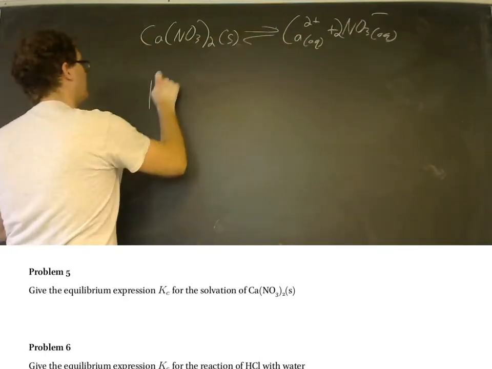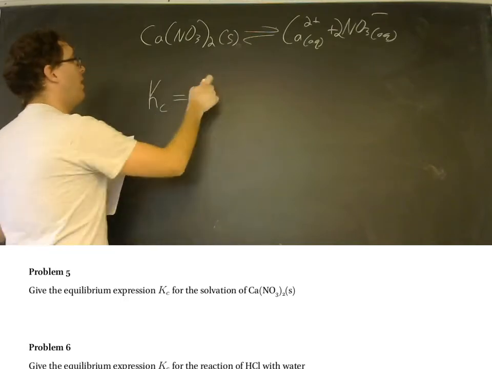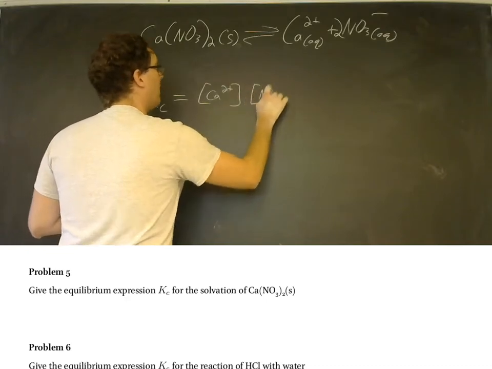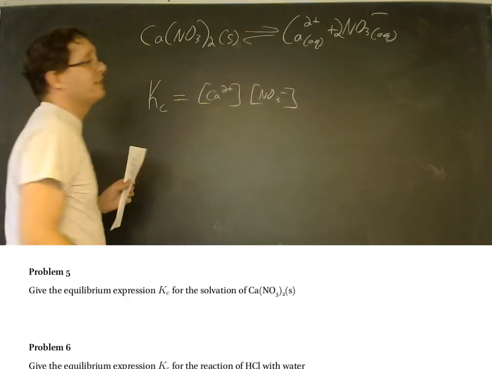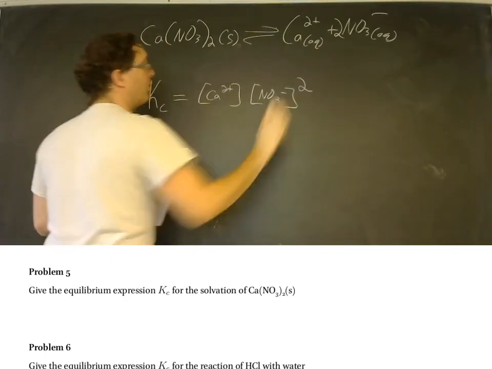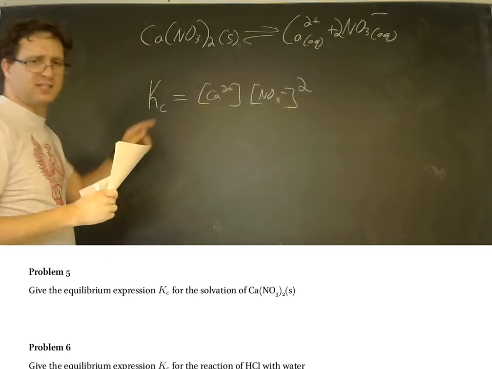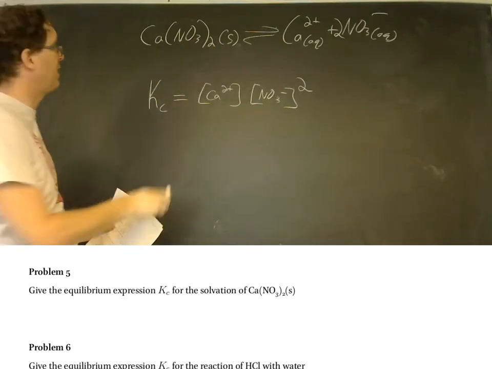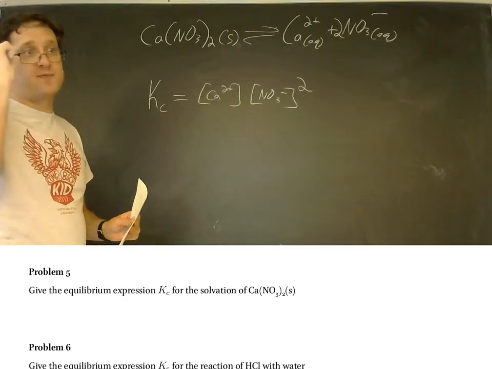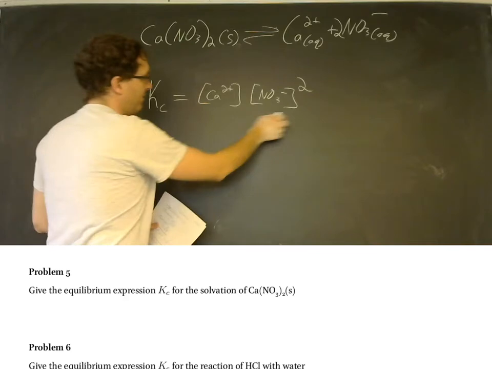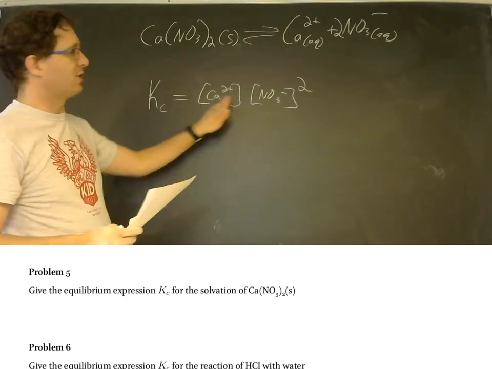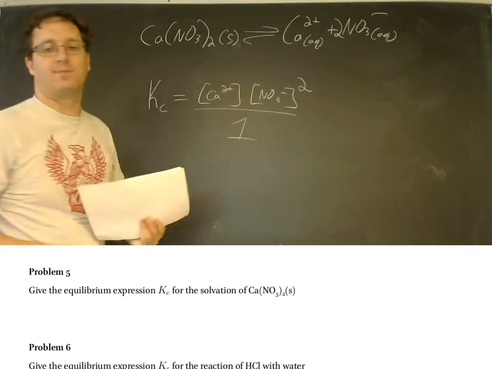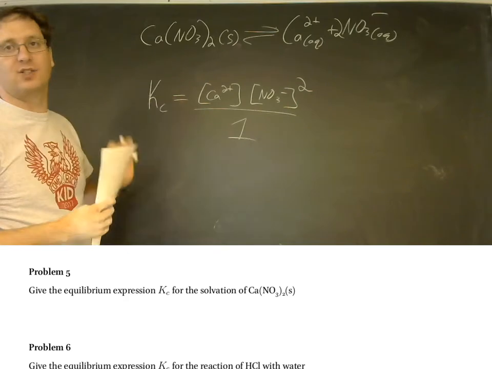And that means that Kc is going to equal our products, calcium 2+ and NO3-, raised to the power of their stoichiometric coefficient, so we'll put a 2 there, divided by the reactants, but the only reactant is a solid, and it is left out of the expression. So this is actually it. For solvation reactions, you'll have this form for the equilibrium expression, just the products over, I guess, over a 1, right? There's no reactants to put down there.